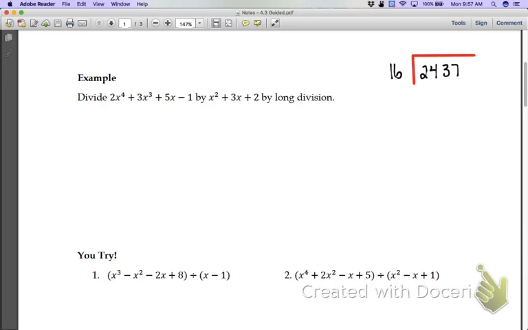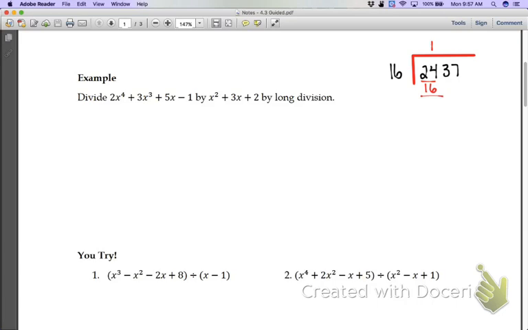You looked, because it couldn't go in the 2 because it's too big. So how many times could 16 go into that 24? One time. And you would put it basically over that value, right? So what would you do with the 16 and the 1? You multiplied it, so I had 16 right here.